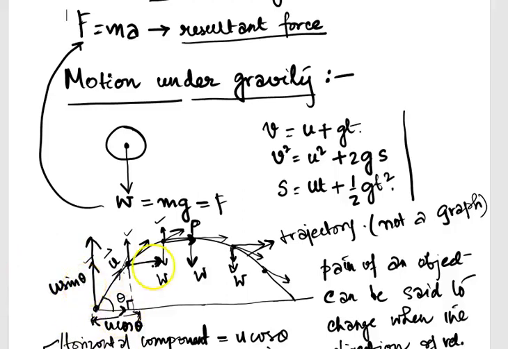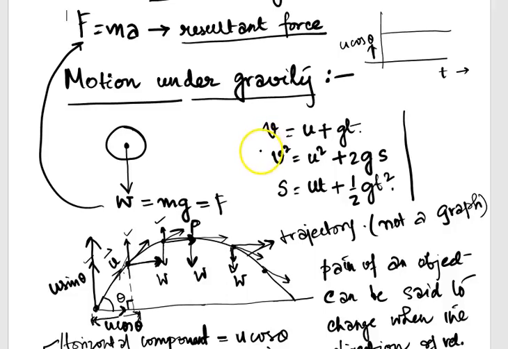Whereas u cos theta with respect to time would actually represent a graph that looks like this, because it doesn't change, right? It remains constant. And u sine theta would actually show a variation much like how velocity varies.